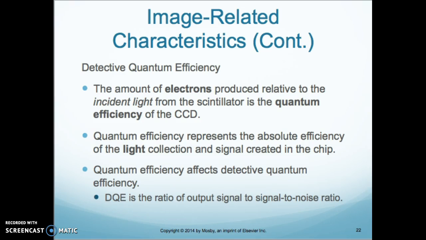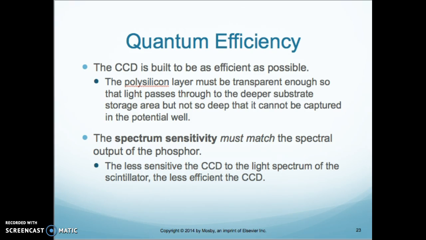The DQE, which is your detective quantum efficiency, is a ratio of the output signal-to-noise ratio to the input signal-to-noise ratio. So a CCD is built to be as efficient as possible. Yes, we try to make it as efficient as possible, but you're going to learn here that it's really not as efficient as some of the other options.